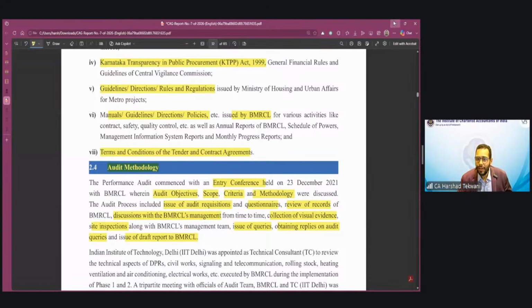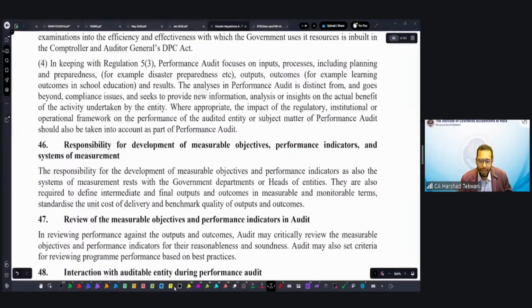If we talk about the regulation, it says that first of all, you need to identify the measurable objectives and performance indicators. Okay, so there should be some criteria to measure the objectives and performance indicators.